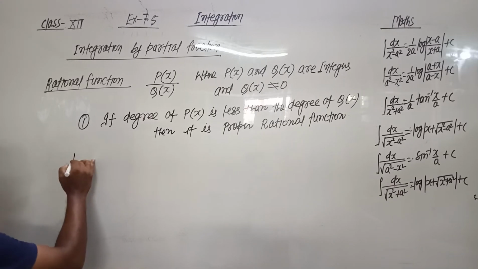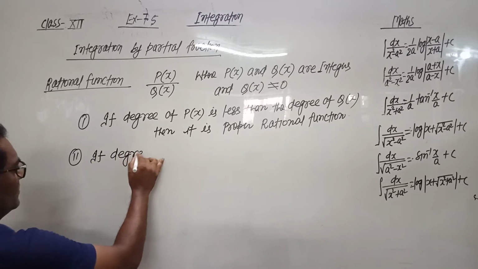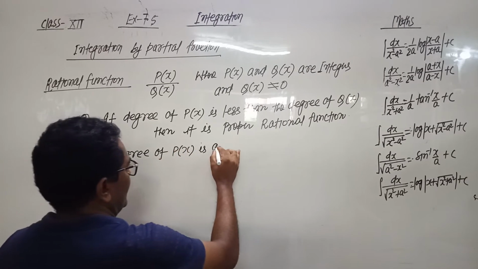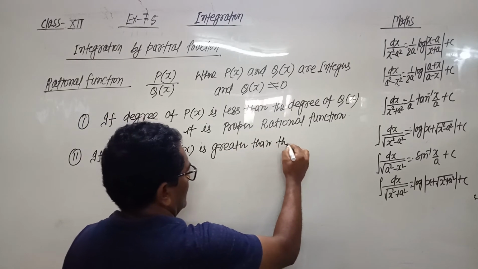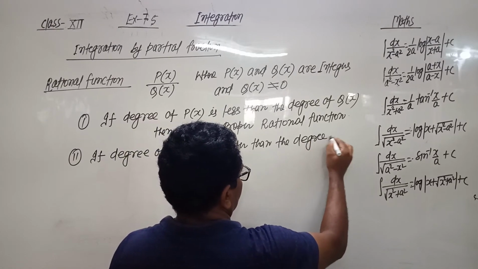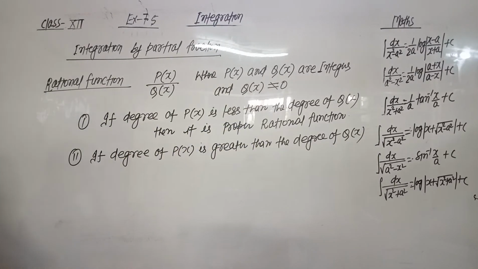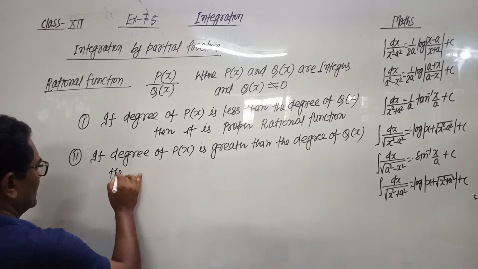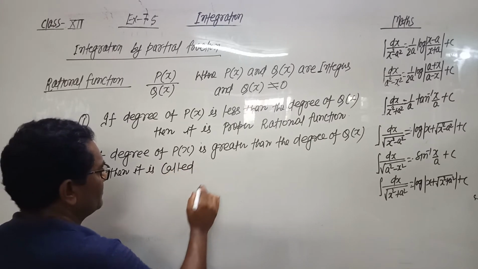The second condition: if the degree of px, degree means power of x, is greater than the degree of qx, then it is called an improper rational function.